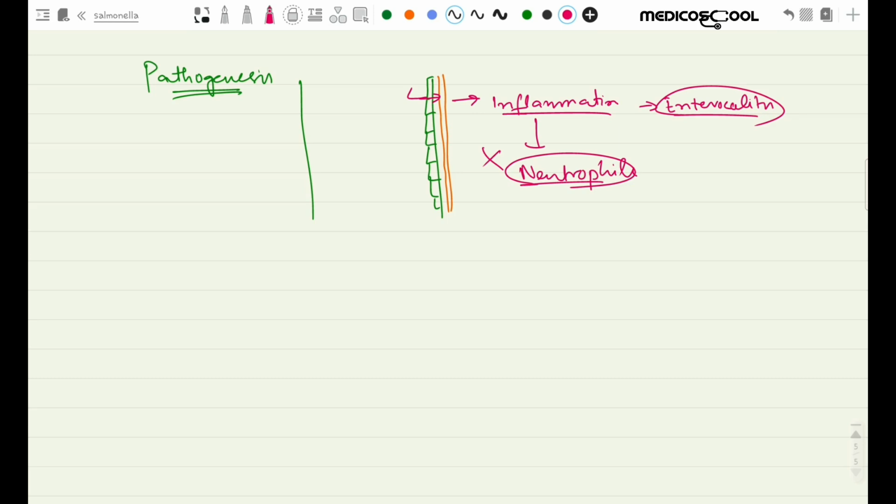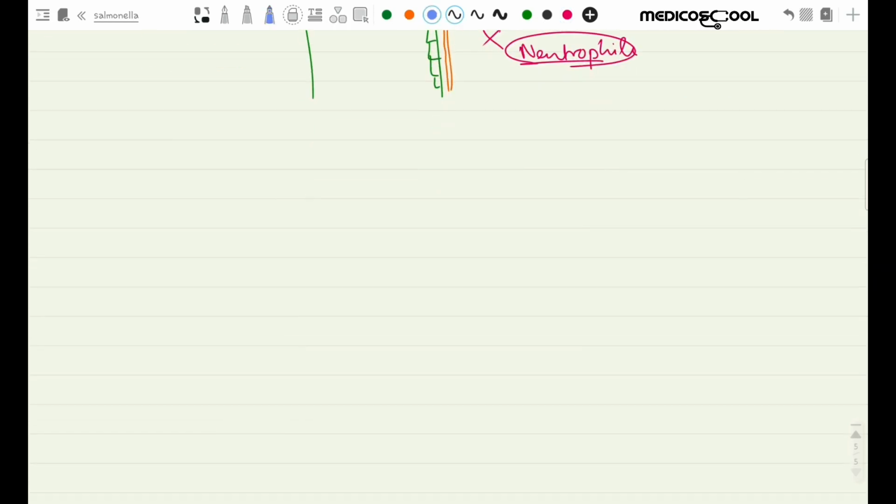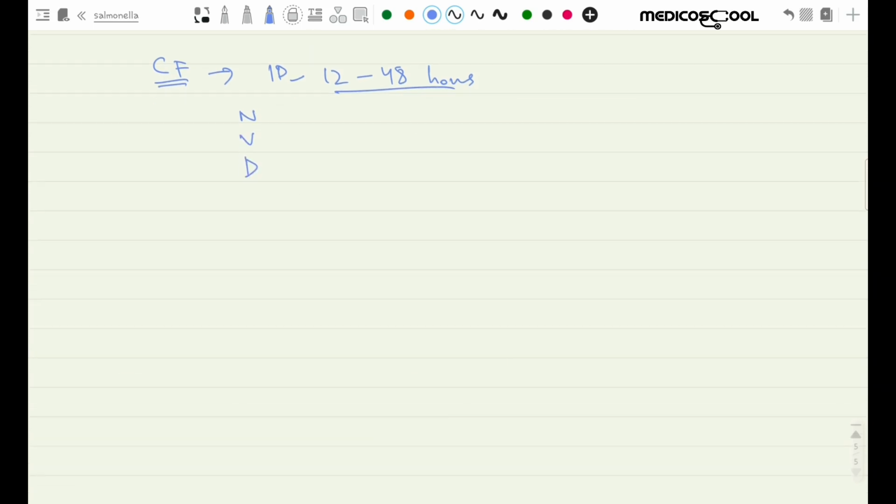So now let's talk about the clinical findings. After an incubation period of about 12 to 48 hours, signs and symptoms appear. The clinical findings of enterocolitis are nausea, vomiting, diarrhea, and abdominal pain.